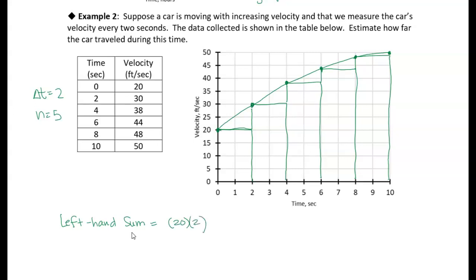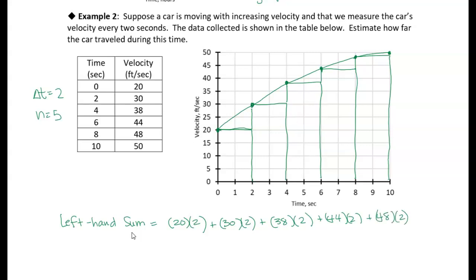And we're just going to add up all the areas of these rectangles. So the next one is 30 times 2, and then the next one is 38 times 2. And the next one is 44 times 2. And the last one is 48 times 2.